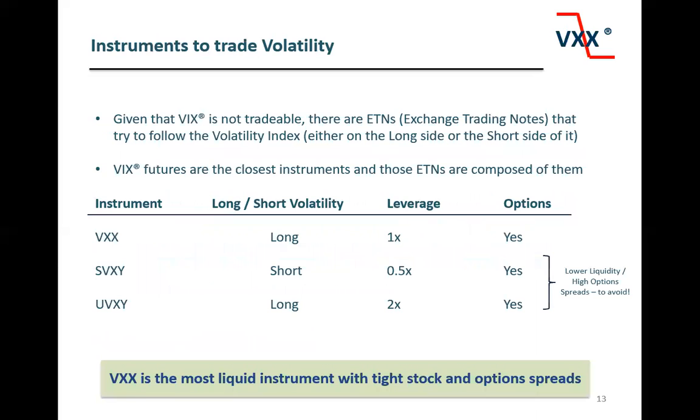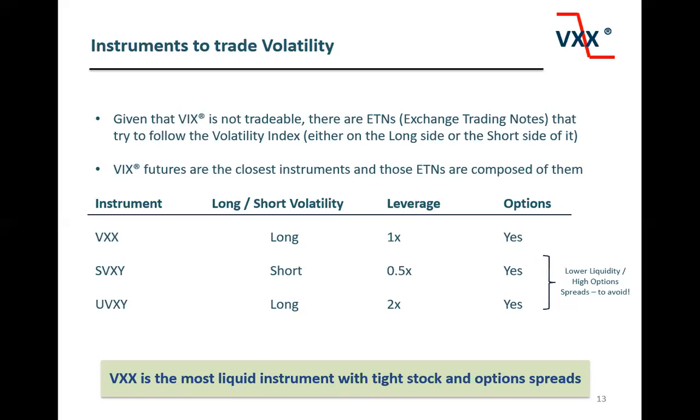So what instruments do we have to trade volatility? Basically they are ETNs, exchange traded notes, that try to mimic the VIX. And they are the only assets that are volatility related, especially with the broader market on SPX.